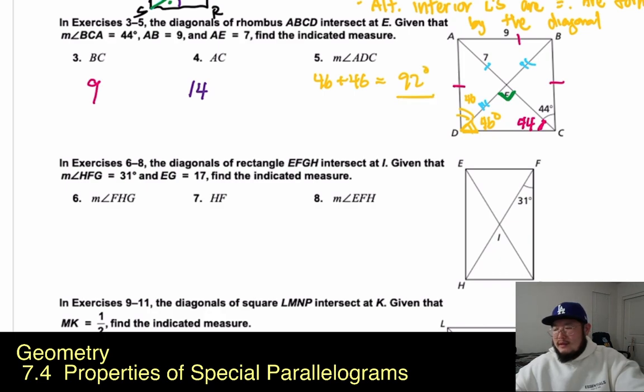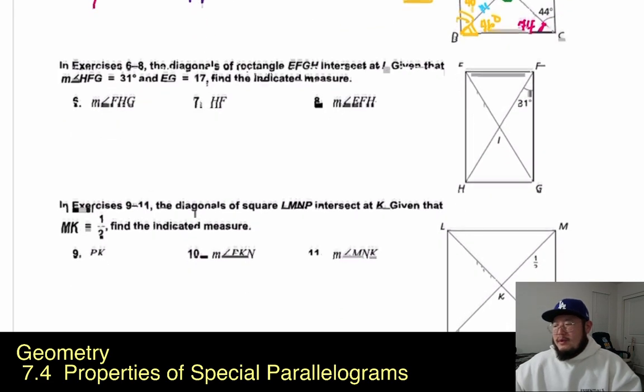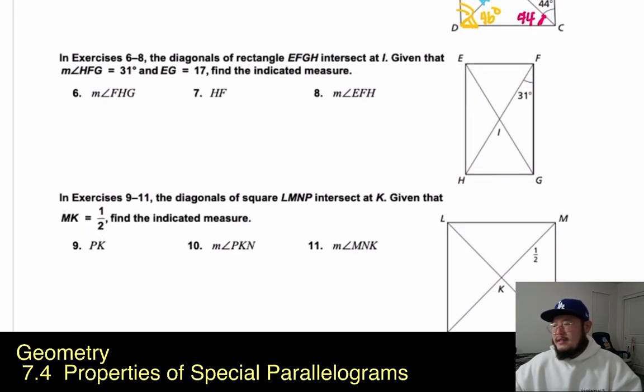All right. Let's take a look next up at number 6. So this time we're looking at a rectangle. We have rectangle EFGH, with diagonals intersecting at I, given that angle HFG is 31 degrees. They show that to us right there. And E to G is equal to 17.